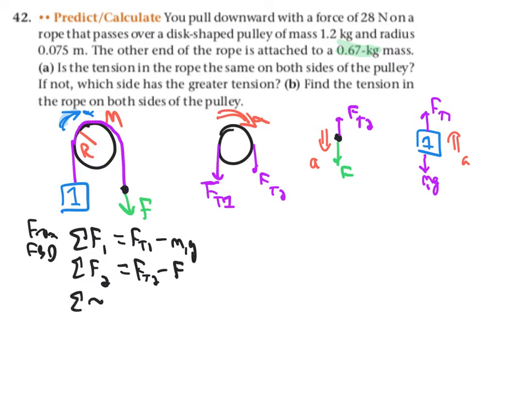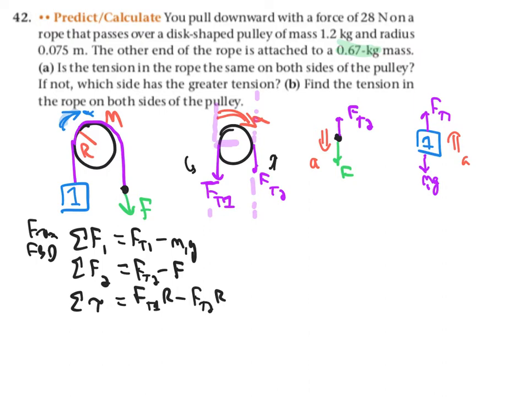And the sum of the torques on the pulley: the line of action for FT1 is vertical, and the line of action for FT2 is vertical, which means for both of them the perpendicular distance is just R. So we have FT1 R, because that tends to move it clockwise, minus FT2 R, because FT2 tends to move it counterclockwise.